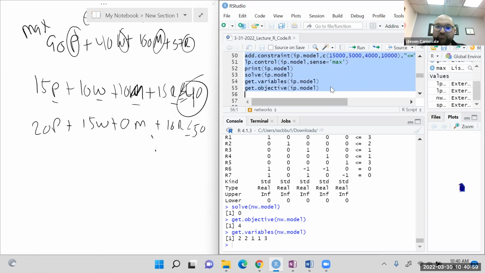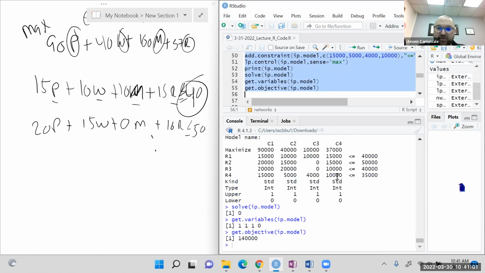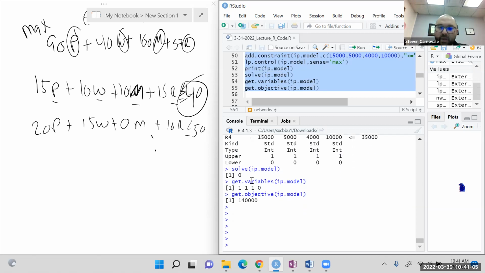So when I solve it and I get the variables in the objective function, what we can see is I'm pursuing the plant expansion, I'm pursuing the warehouse expansion, and I'm pursuing the new machinery. I'm not investing in the new product research. By so doing, I'm going to generate 90,000, 40,000, and 100,000, a total of 140,000.